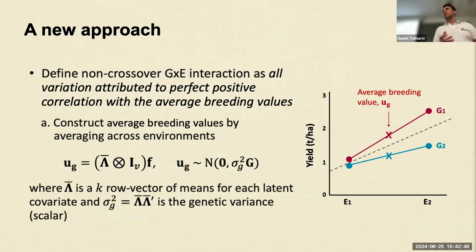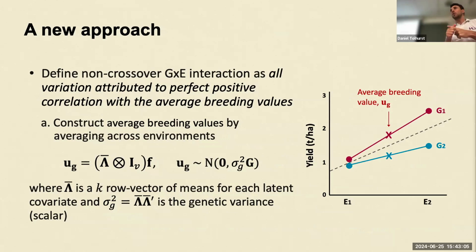And what it requires is us to redefine essentially what non-crossover is, or explicitly define what crossover G by E is. And that is all variation attributed to perfect positive correlation with the average breeding values.